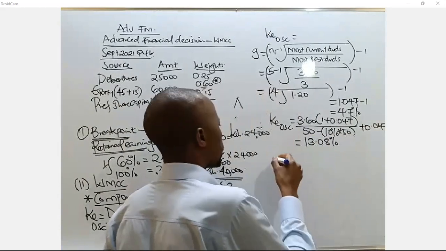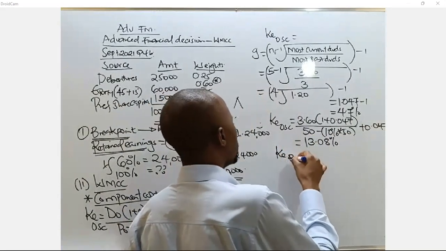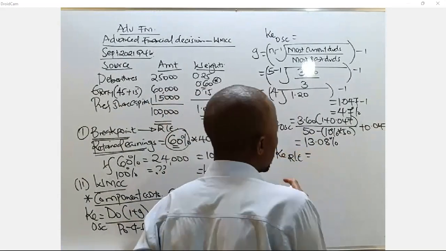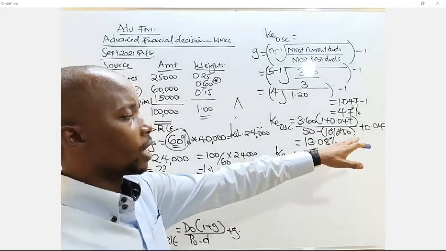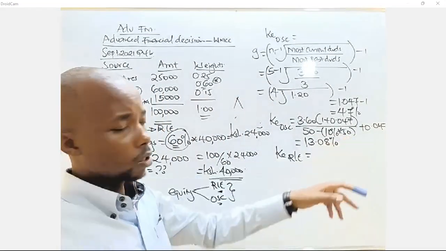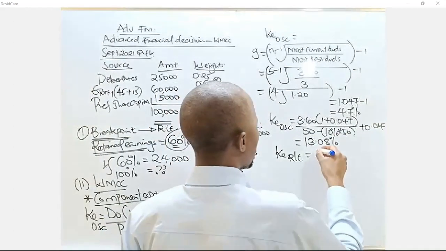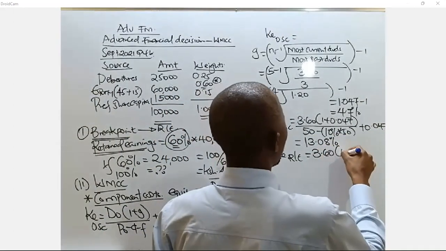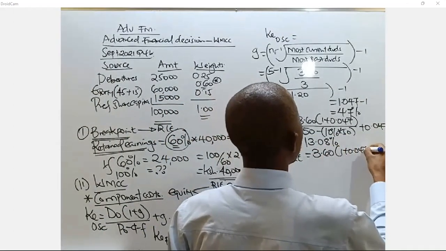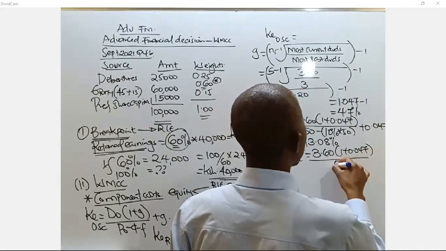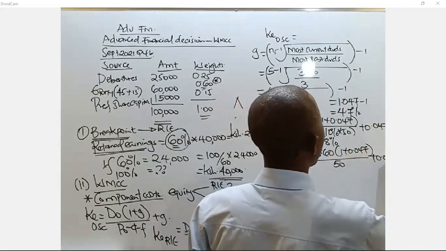Now, if you want to calculate the cost of equity of the retained earnings, it means the retained earnings are not going to be affected by the flotation cost, as we have earlier discussed. So it will be 3.60 times 1 plus 0.047, you divide this by 50, plus 0.047.